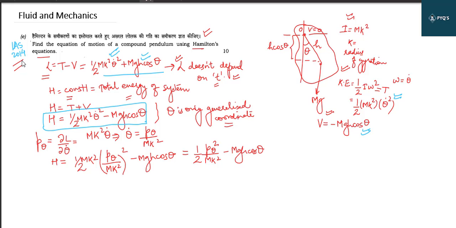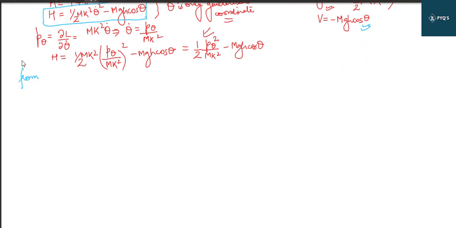Why have we represented this in terms of p theta? Those who know the two Hamiltonian equations remember that we need to represent it in the form of p theta and theta. So now, from the Hamiltonian equations, there are two of them.